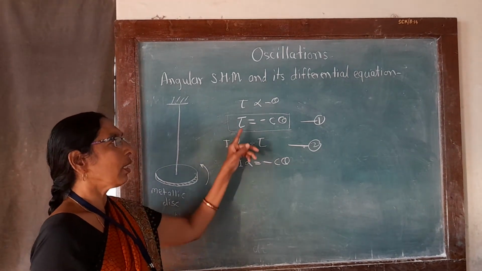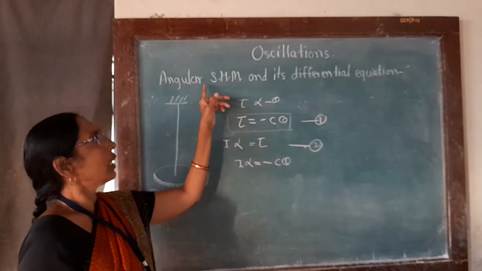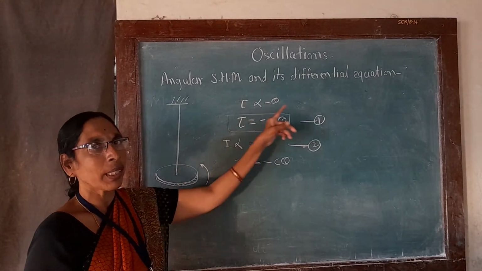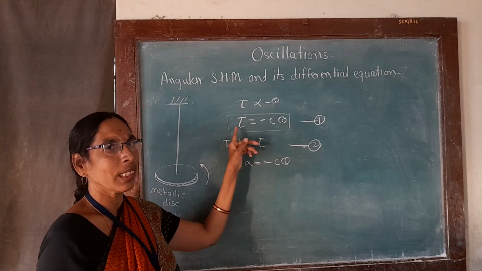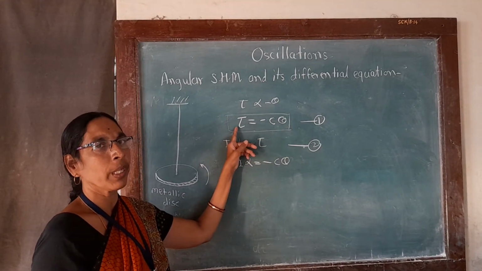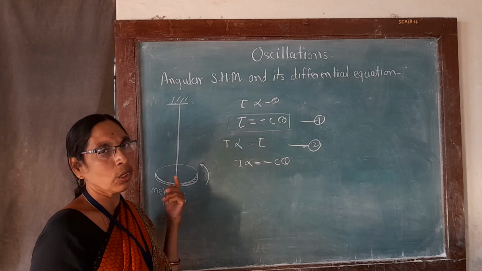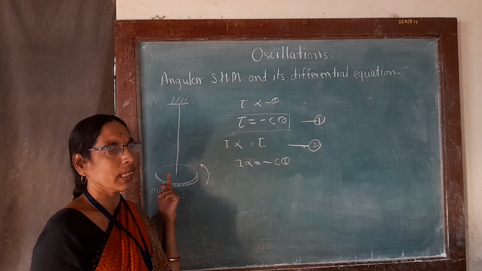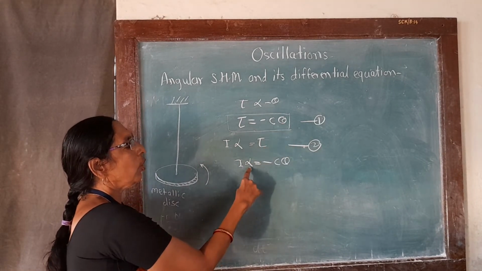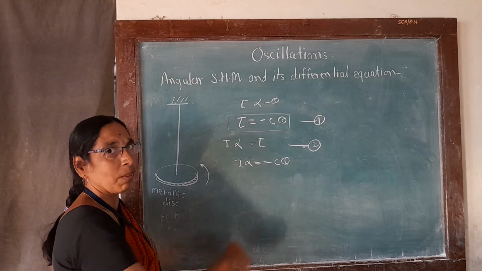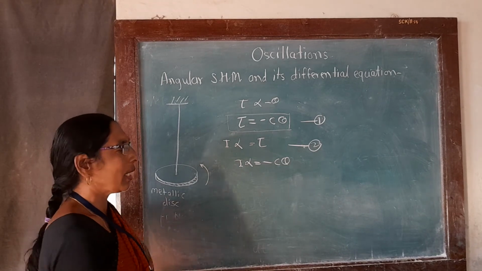It means this angular SHM is governed by the equation tau is equal to minus c into theta, that is, it is governed by the value of restoring torque acting on the body performing angular SHM. If theta is angular displacement, the value of angular acceleration alpha is d2 theta by dt square.